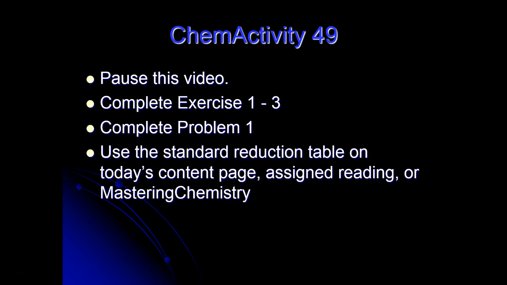You'll want to use the standard reduction table on today's content page in the assigned reading, or there is a reduction potential table offered to you through Mastering Chemistry. Use any one of those sources to complete the problems. Do not skip these questions. Mastery of the material just comes with practice.